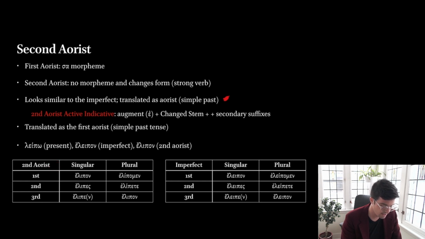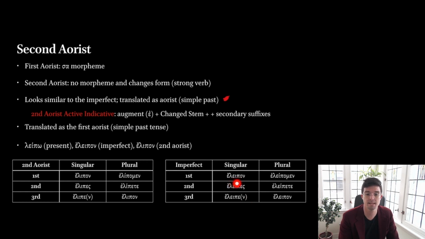Notice that the stem has changed from lape with the epsilon iota to lip with just an iota. And then these secondary endings are used. So the endings of the imperfect are identical, but the imperfect retains the epsilon iota. The imperfect is built on the present tense stem.